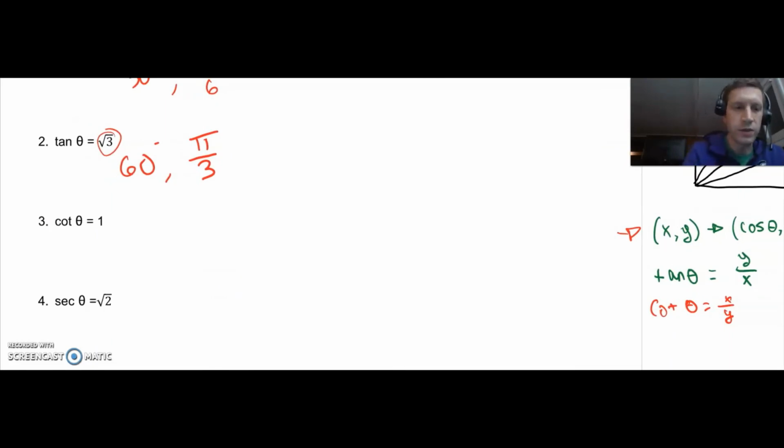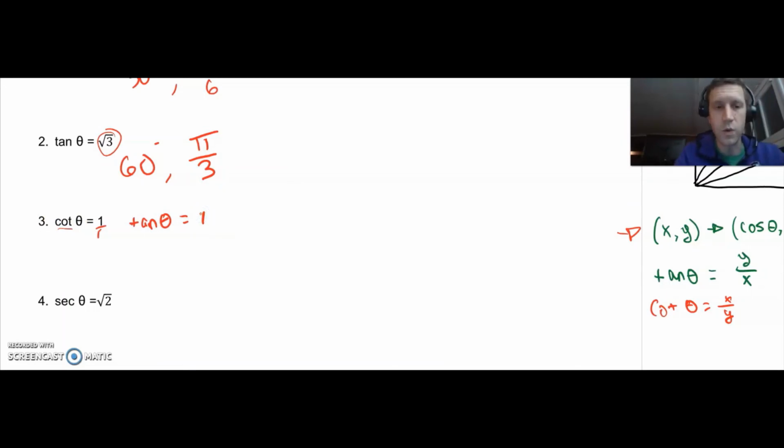What I like to do is kind of the opposite approach and think, okay, I know sine and cosine are found amongst the coordinates, the x and y coordinates, and tangent's the other one that I'm really comfortable with. We've already found all of the tangent values, right? So this is 1 over 1. I'm going to also use this information. If cotangent's 1, tangent is the reciprocal of 1.